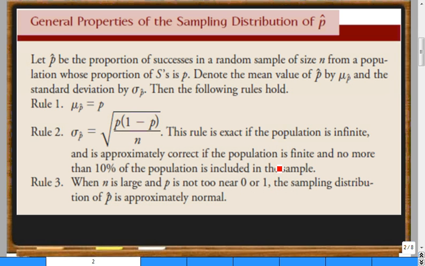I'll explain that in a minute. Basically the larger n is, the more likely you are to have a normal distribution, and the closer p is to 1/2, like 50%, right in the middle, the better chance you have of something being normal. But both of these work together.